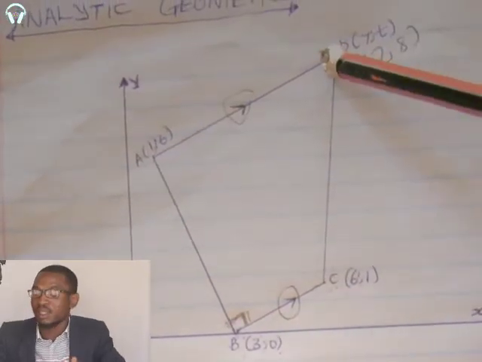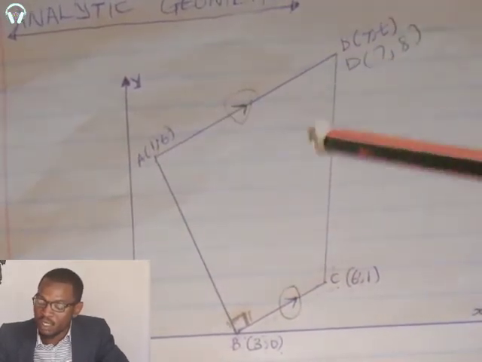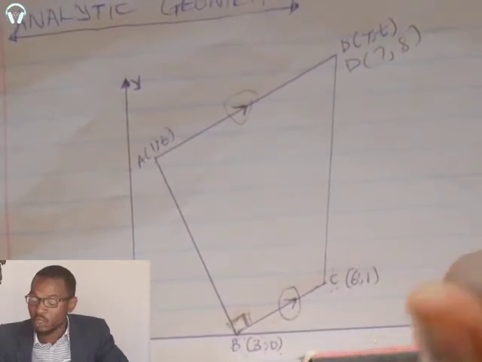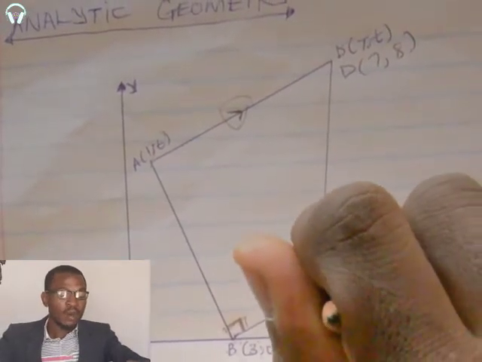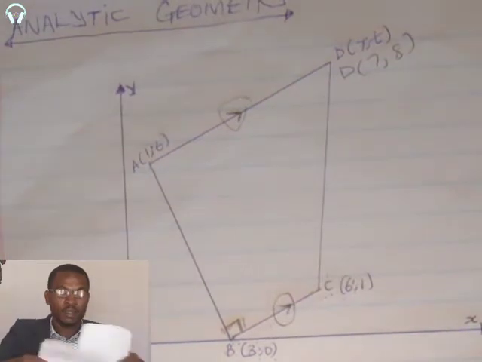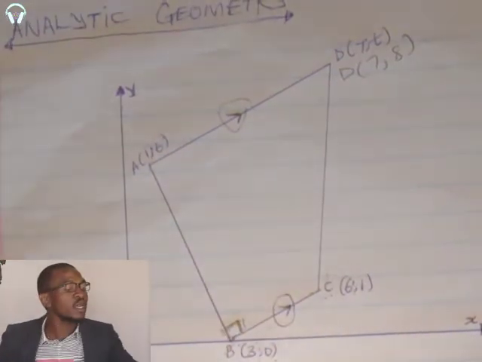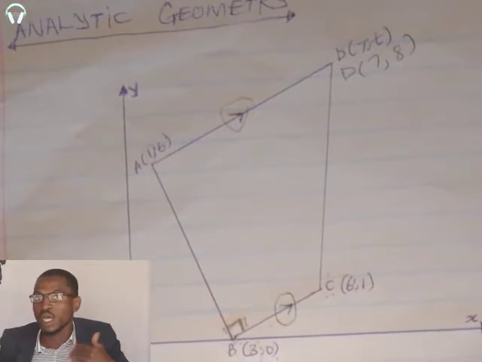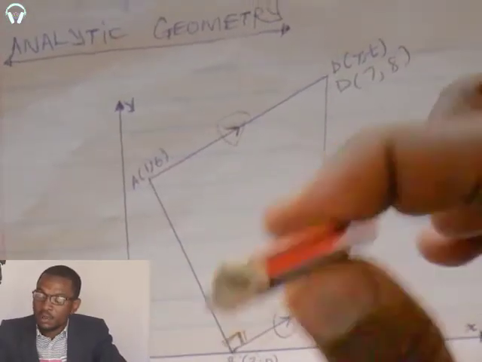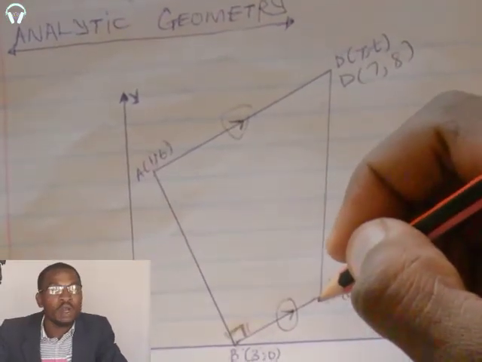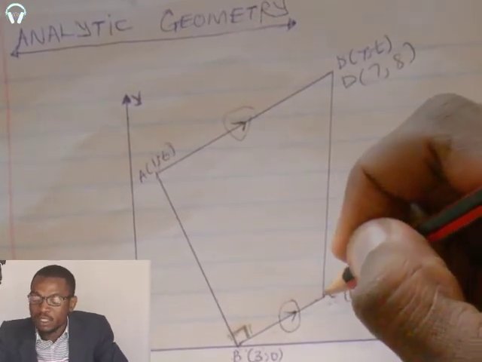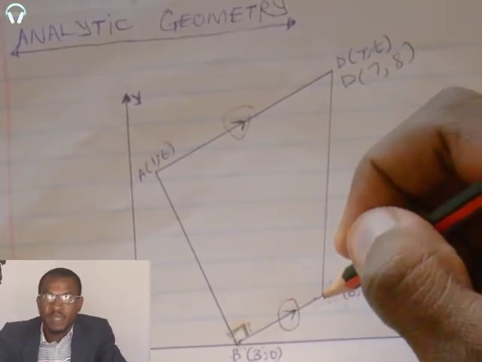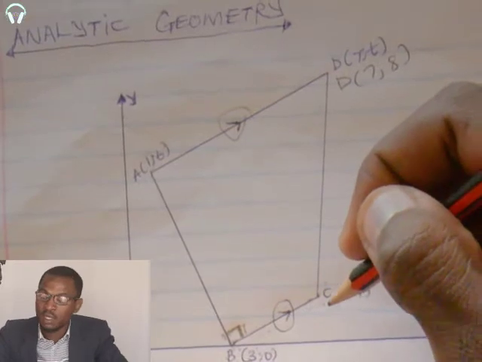Something interesting about the distance of AD is that it's actually 2 times the distance of BC, because our answers were the root of 10 and also 2 times the root of 10, which means one is 2 times the length of the other. So in order for us to find the area of this specific quadrilateral, we must break it down into two other shapes.